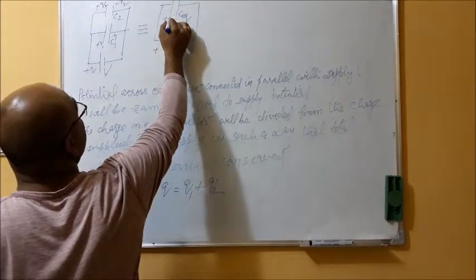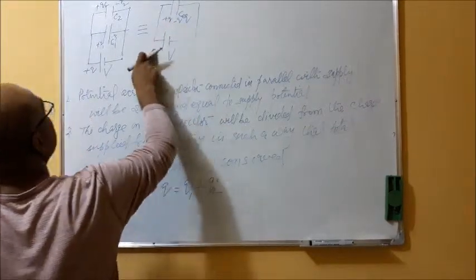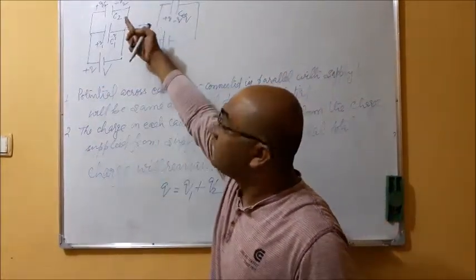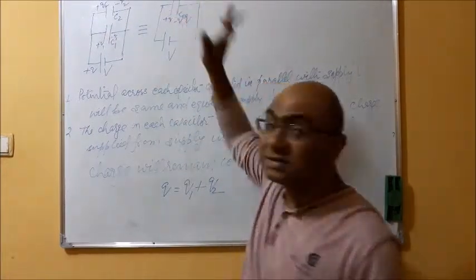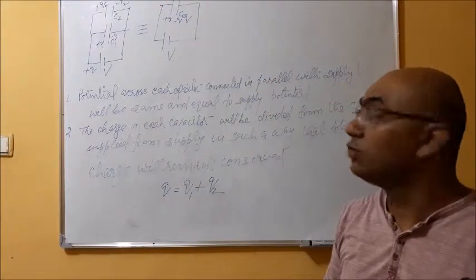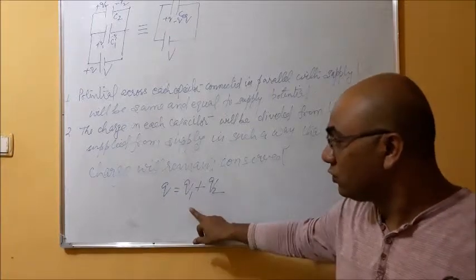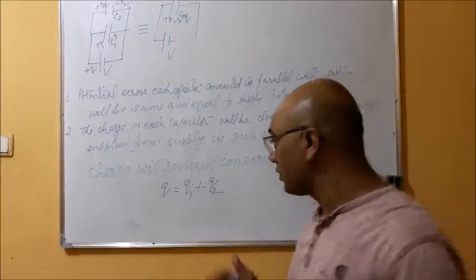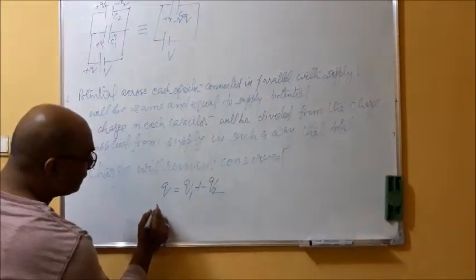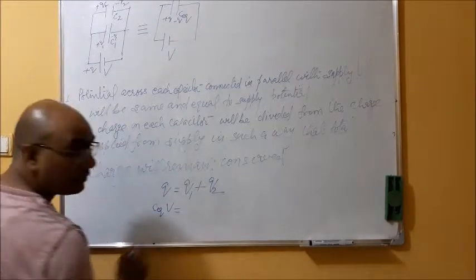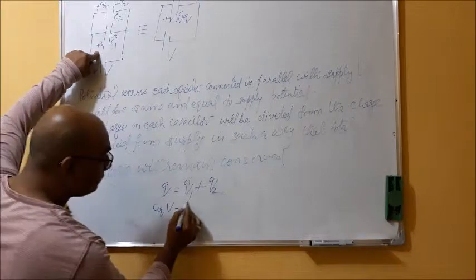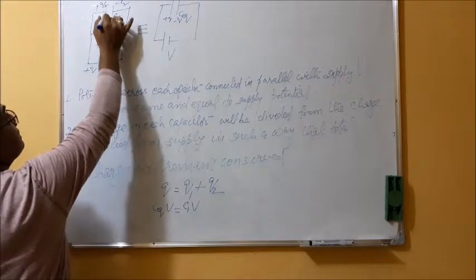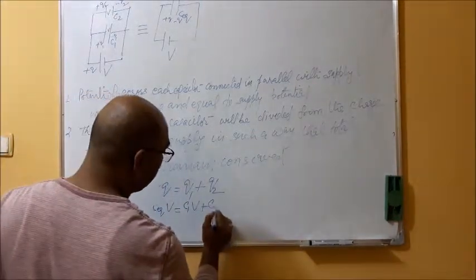Yes, plus Q is going here because for C1 and C2 the equivalent structure is given by C. So in place of writing two capacitances C1 and C2 in parallel, we are writing a single capacitance, C equivalent. So Q is Q1 plus Q2. If I write the value of Q from this equation, I will get C equivalent V. What is the value of Q1 here? C1V, because this potential will come across this, and here also C2V.